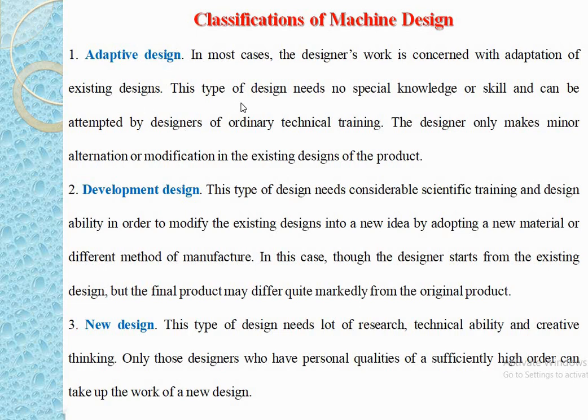This type of design needs no special knowledge or skill and can be attended by a designer with ordinary technical training. The designer only makes a minor alteration or modification in the existing design of the product. These modifications or alterations are made to overcome the limitations of the existing design. That is the adaptive design.